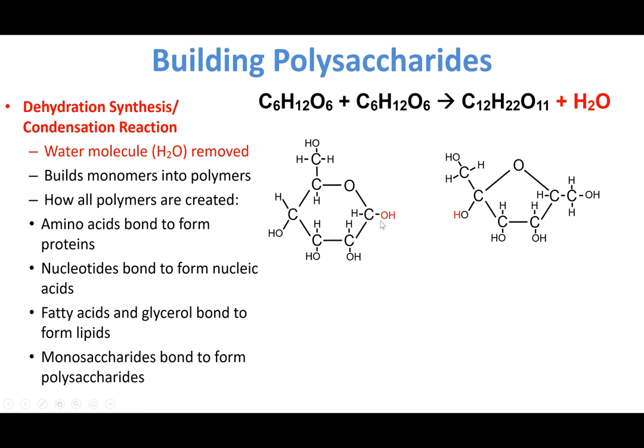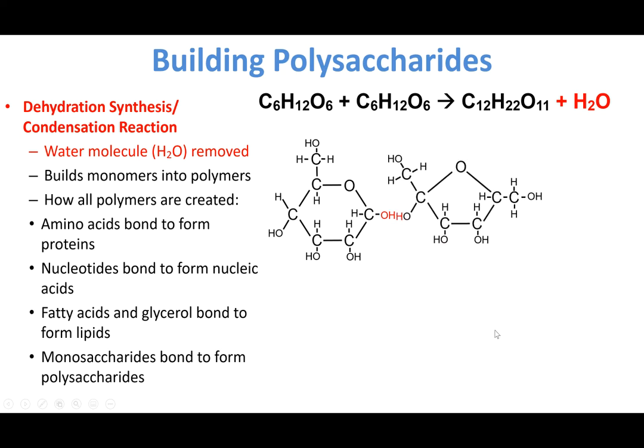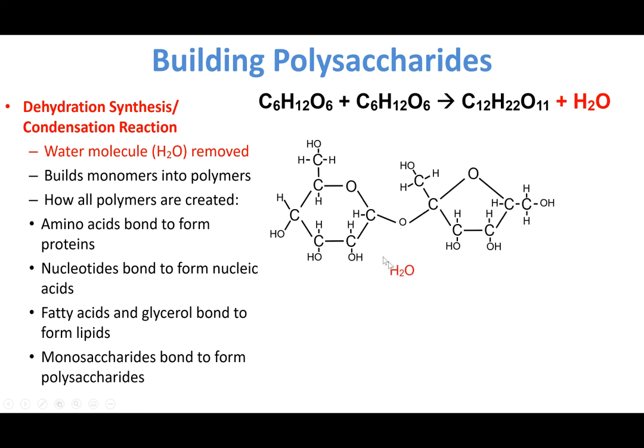Here we have an OH, and here we have an H. When we want to put these together to form a disaccharide, that water molecule falls out, and these two monomers are joined at that oxygen. So that is the actual process that happens when you put two monomers together.